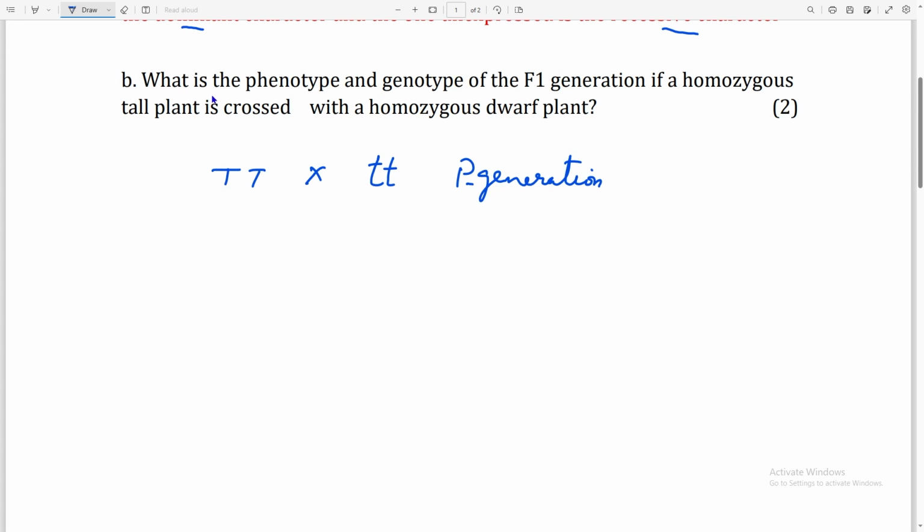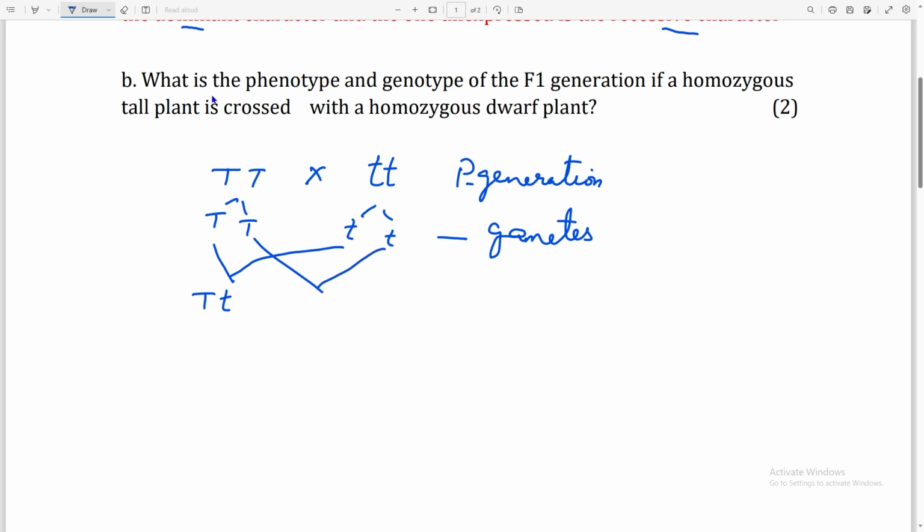So what are the gametes formed? Capital T, and here small t, small t. These are the gametes. How to get the F1 generation? By fusion of the gametes. Capital T small t, capital T small t.